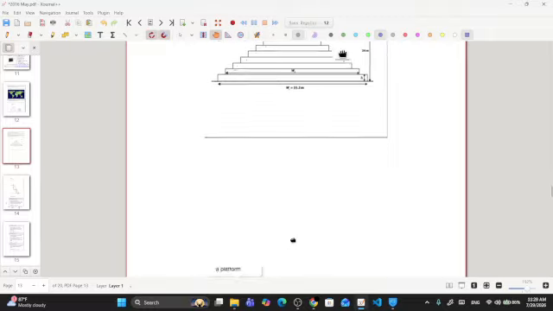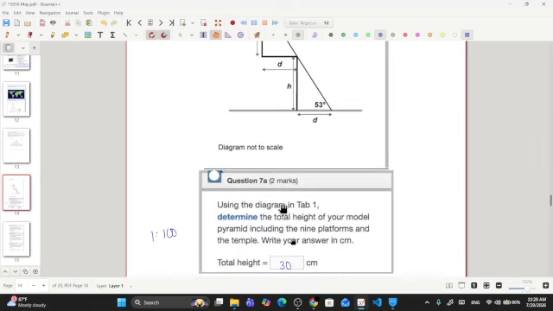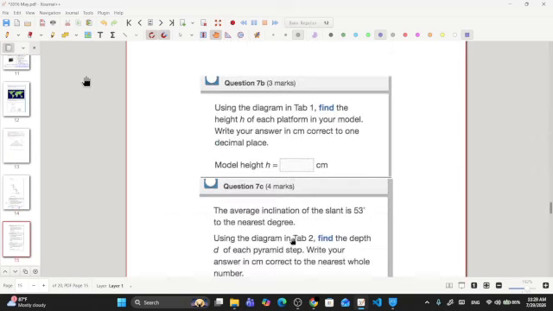So 24 needs to be divided by 9. On a calculator, we get 2.667 centimeters. Correct to 1 decimal place, that's 2.7.